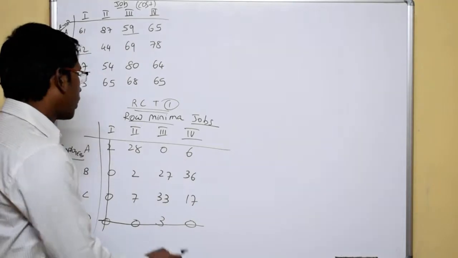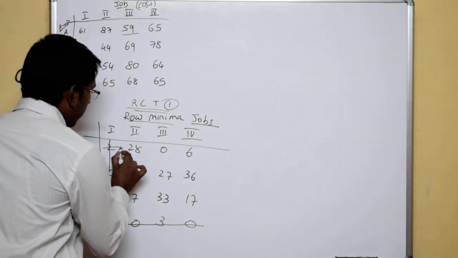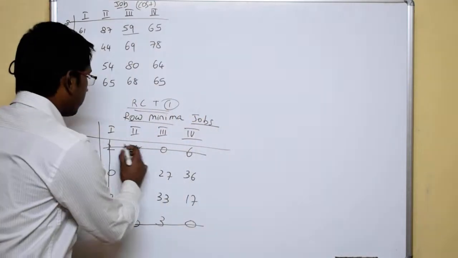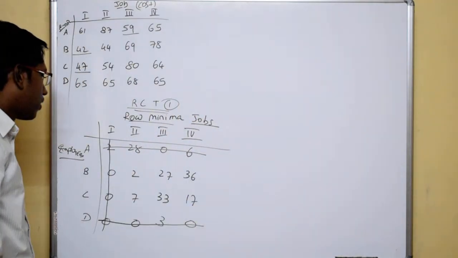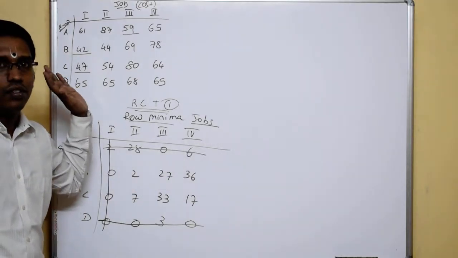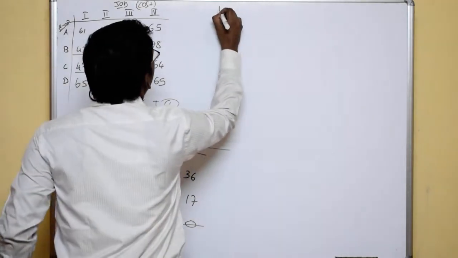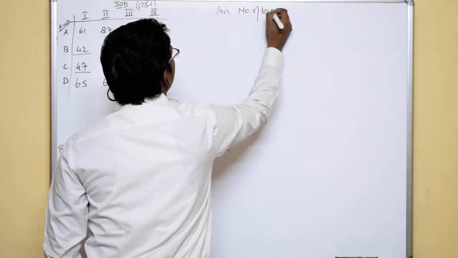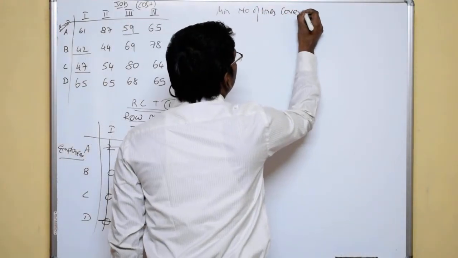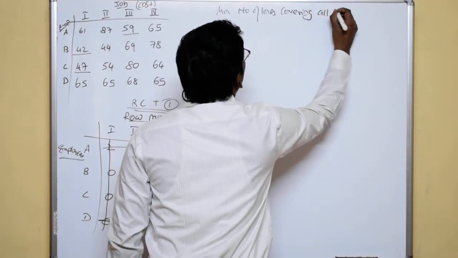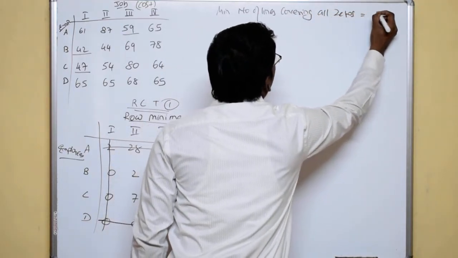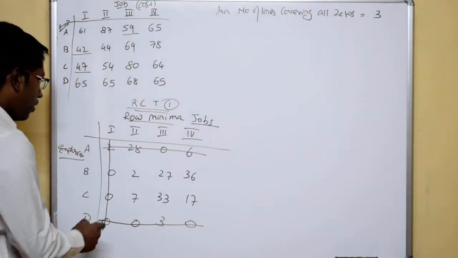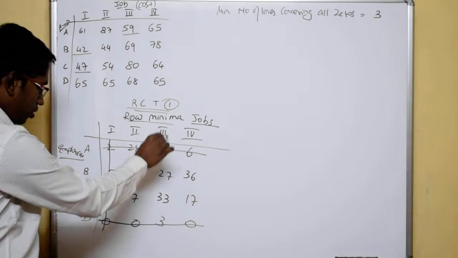Either way I am able to cover this zero. Both ways are allowed, the answer will be the same. So let's say I draw a line like this. Now look at it, all the zeros are already covered, which means the minimum number of lines covering all zeros is just 3, 1, 2, 3, or the other way around, 1, 2, 3.